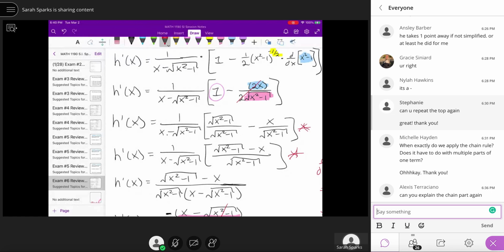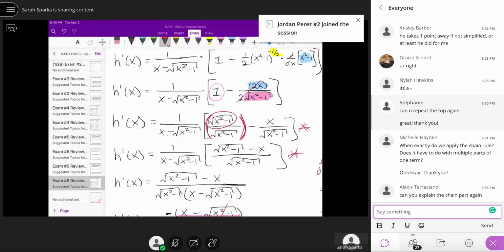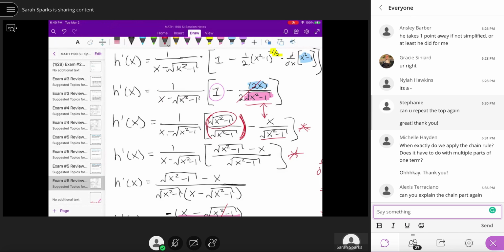Oh, by this x squared minus 1? I just multiplied root x squared minus 1 to this one fraction, just to this fraction. This part stayed the same from here to here. So all I did was write 1 as root x squared minus 1 divided by root x squared minus 1. Okay, I think I just wrote it wrong on my paper. That makes sense. Awesome. Thank you.